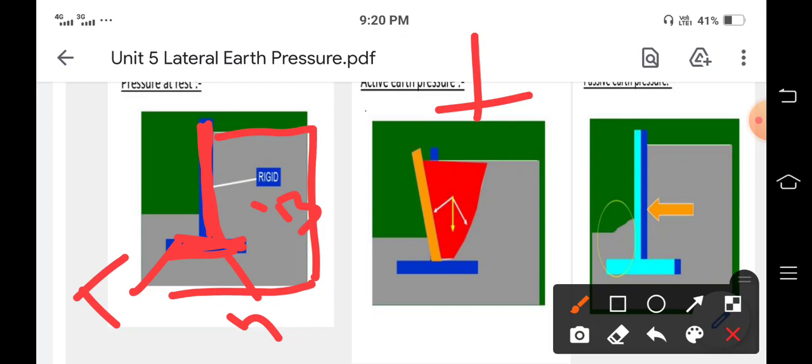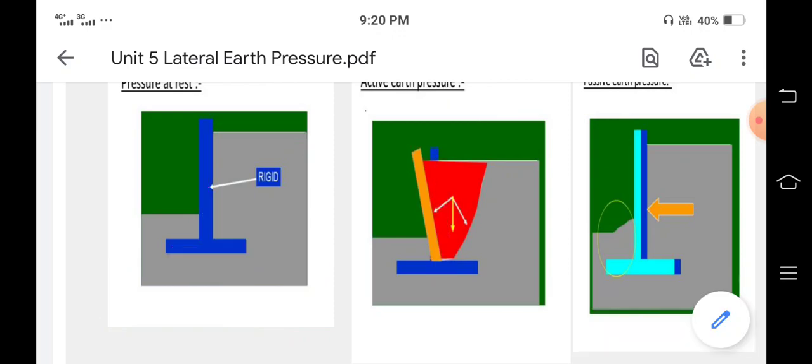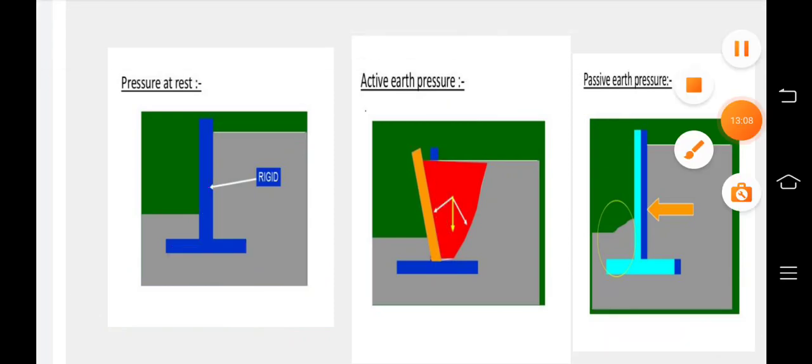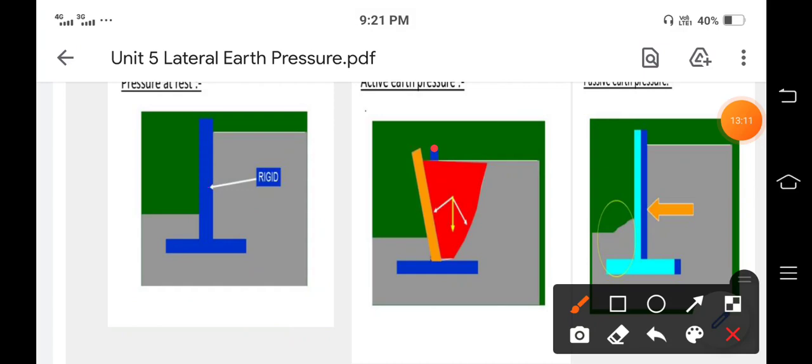And in the active pressure, what will happen? This is the original position of the wall. This blue line is the wall, its original position. Due to the application of this active earth pressure of the soil, the wall may get tilted in this direction, which is called active earth pressure.